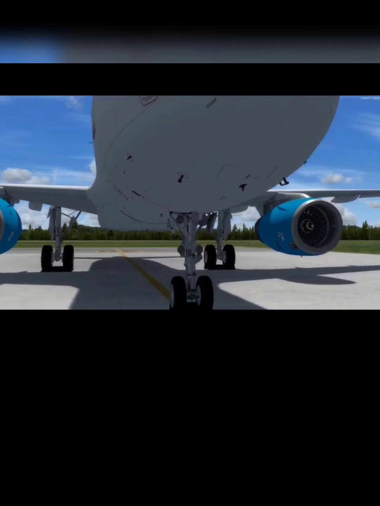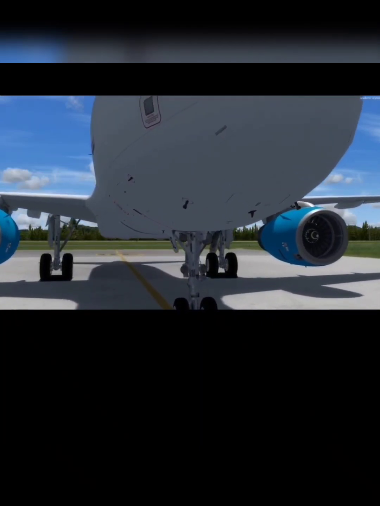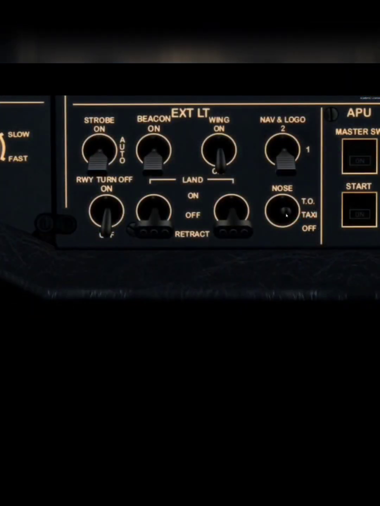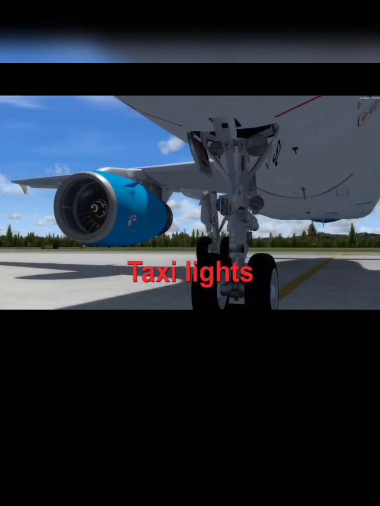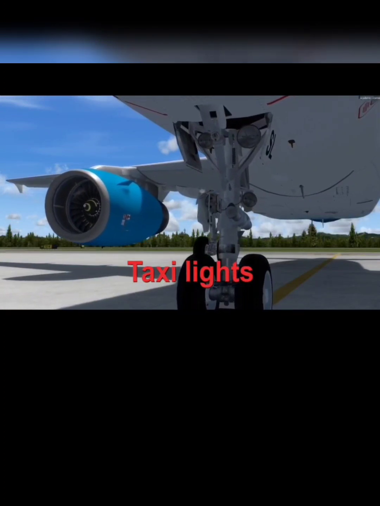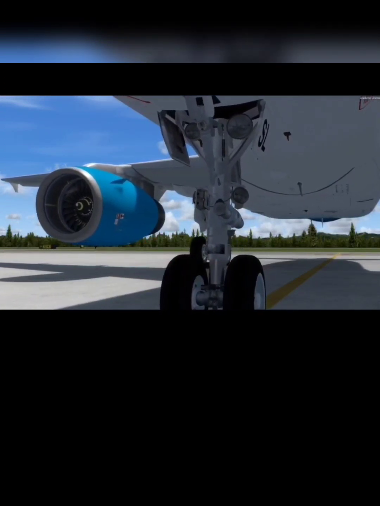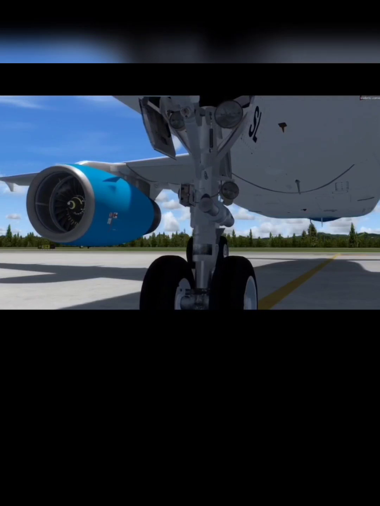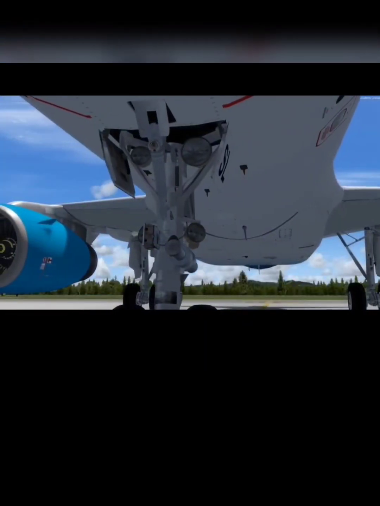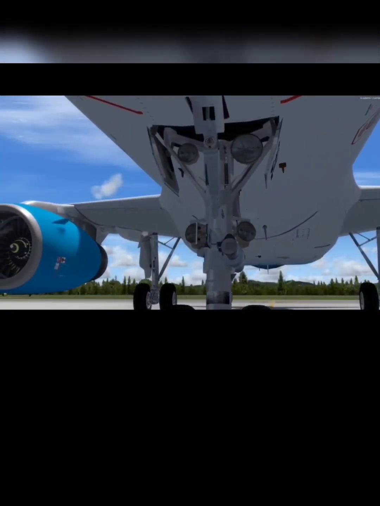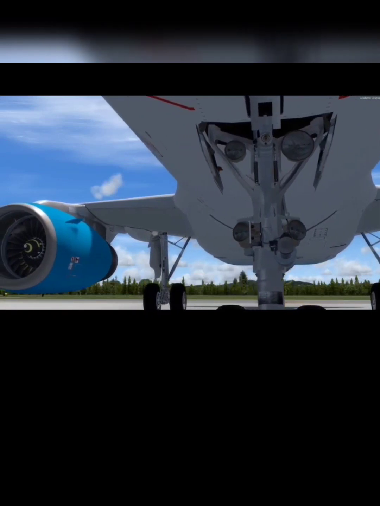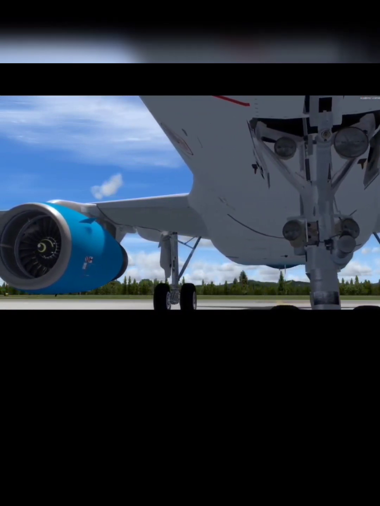Now these are the three landing light switches. We'll talk about the takeoff light and taxi light, which also have three positions. It comes under nose lights. The taxi light is used during taxiing, by the maintenance personnel or by the pilot when they want to see the front area for taxiing of the aircraft.